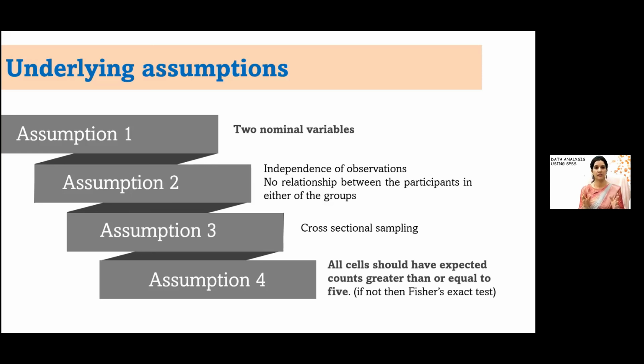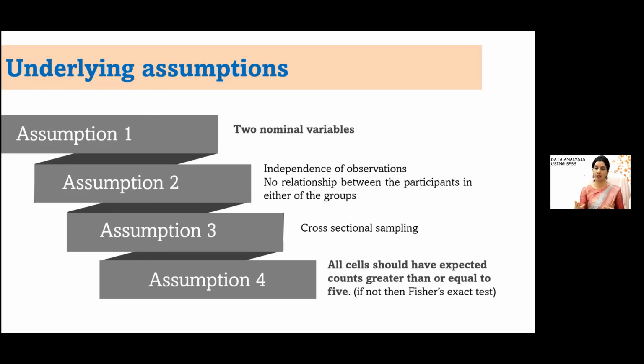So again, I'll repeat, there are 4 assumptions of the chi-square test of association. The first is both the variables should be categorical in nature. The second is there should be independence of observation. That means if you have counted one person in one category, that person cannot be counted in the other category. The third is it is most commonly suitable for cross-sectional sampling.